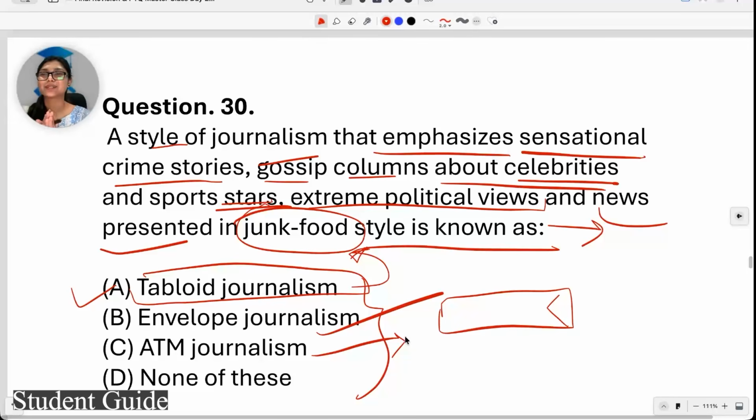You can understand the example from political leaders. That is negative journalism we can say. So these things are there: tabloid, envelope, and ATM. ATM is basically digital transactions towards the journalist to get a good image and good news coverage.